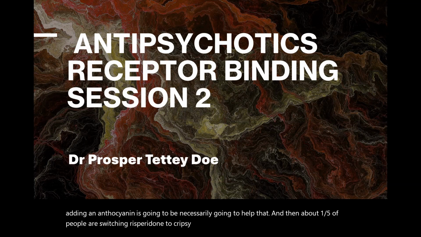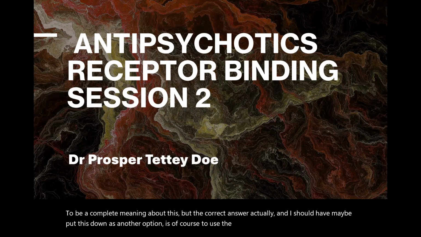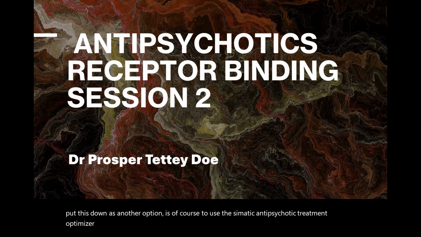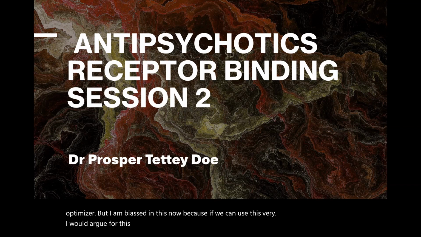Now, I'm afraid you're going to think I'm a complete meanie about this. But the correct answer, actually, and I should have maybe put this down as an other option, is of course to use the Cymatic antipsychotic treatment optimiser. But I am biased in this. Because we can use this very elegantly, I would argue, for this case in point, where we have 2 side effects of concern.